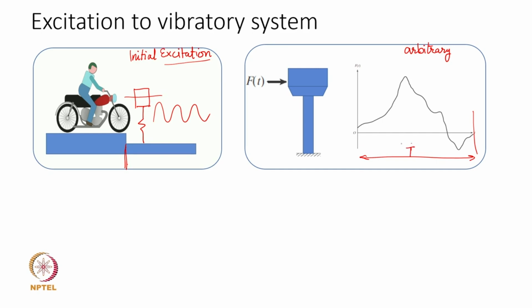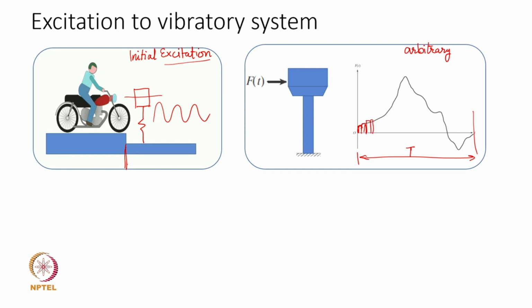It persists for a reasonable period of time, and it may or may not be captured using some mathematical form, and we discussed how a numerical approach can help us evaluate the response to such an arbitrary excitation. Essentially, this arbitrary excitation case was stripped into the case of initial perturbation by considering a series of such initial excitations through impulses. Okay.